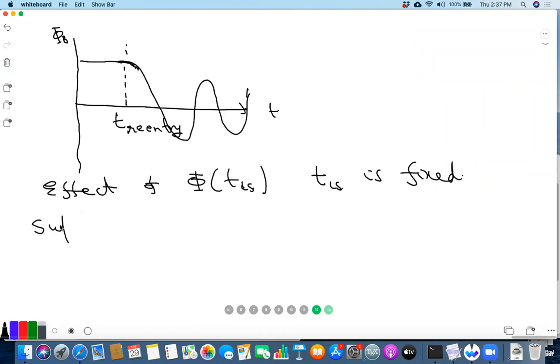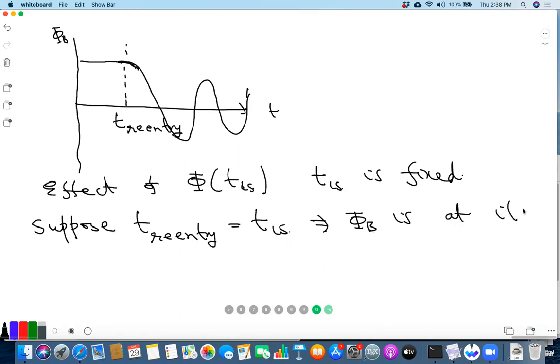So suppose T re-entry is equal to TLS. In that case, phi b is at its maximum at TLS, because at the re-entry point, it starts from the maximum and then it starts oscillating and gets damped.